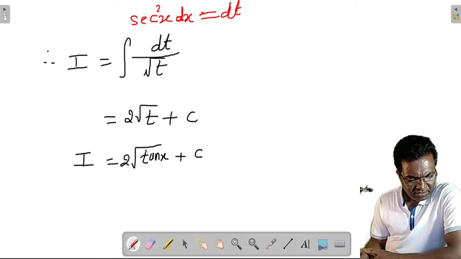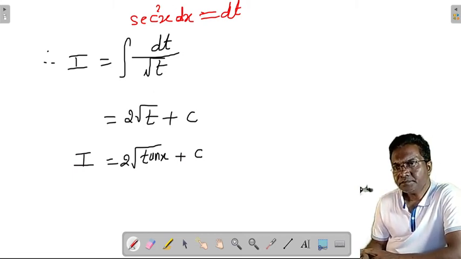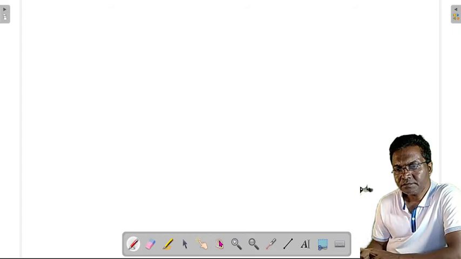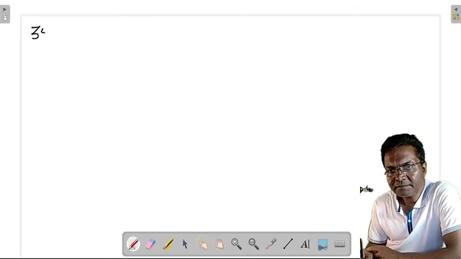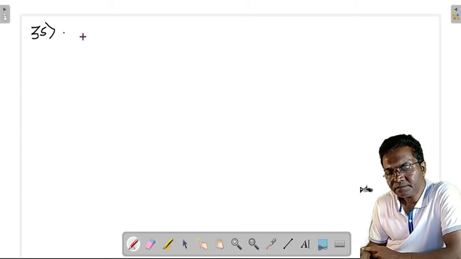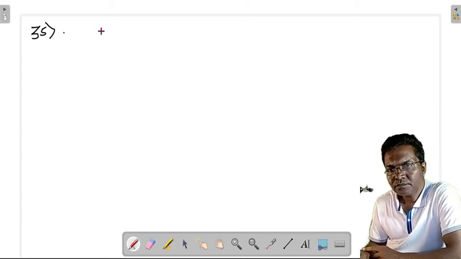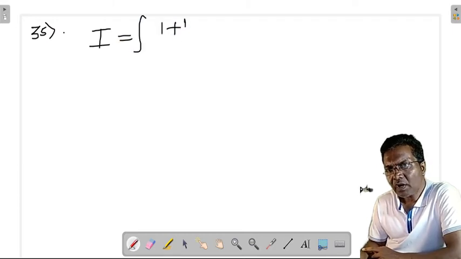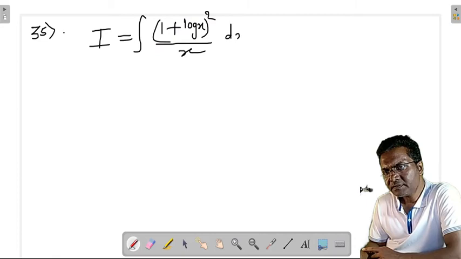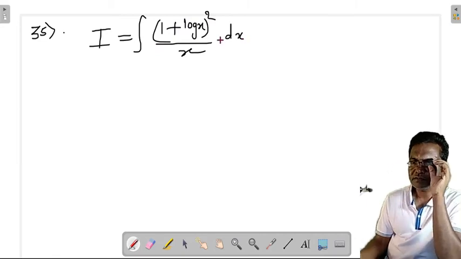So let's have example question number 35. You are asked to integrate (1 plus log x) whole square by x dx.